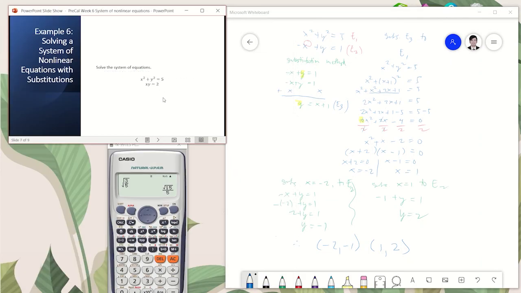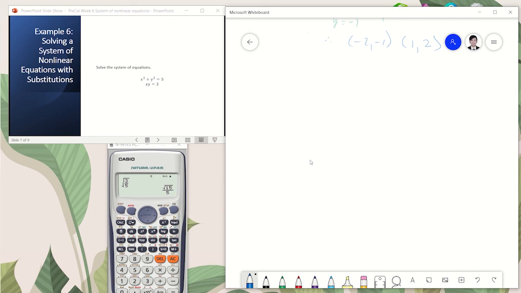Okay, let's have example 6. We're going to use substitution to get the answer for example 6. So the equations are x squared plus y squared is equal to 5, and xy is equal to 2. Same process. This would be equation 1, this is equation 2, and then choose one of the equations.